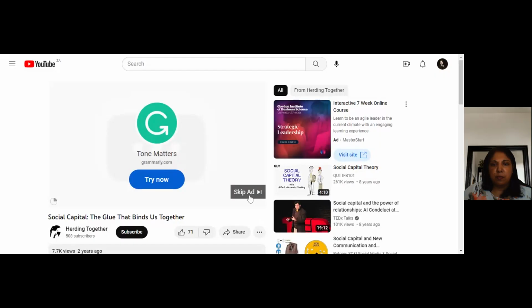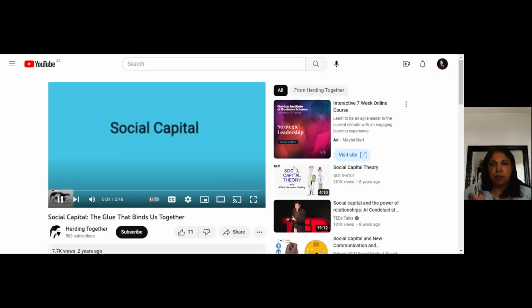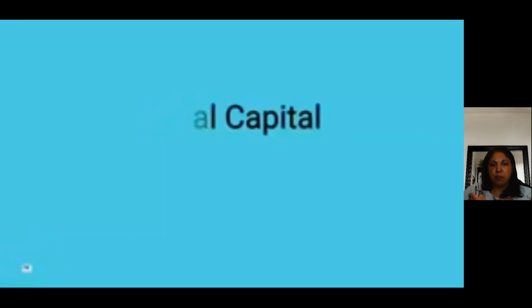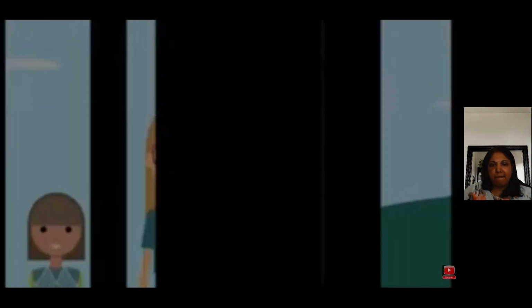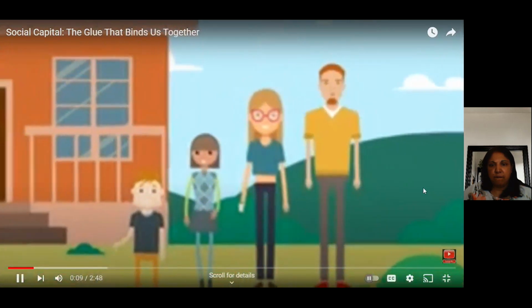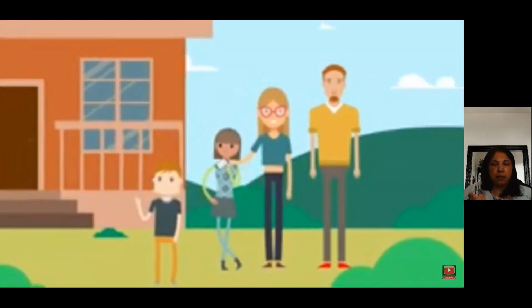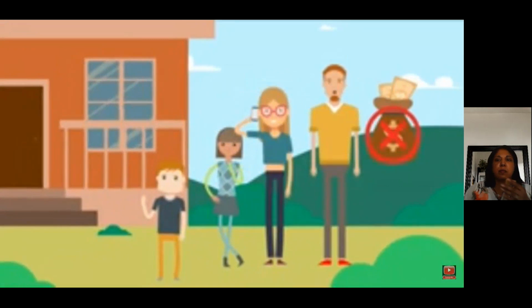It is social capital and the glue that binds us together. Social capital. It's an unusual term, isn't it? It includes capital, but it isn't about finances or money.